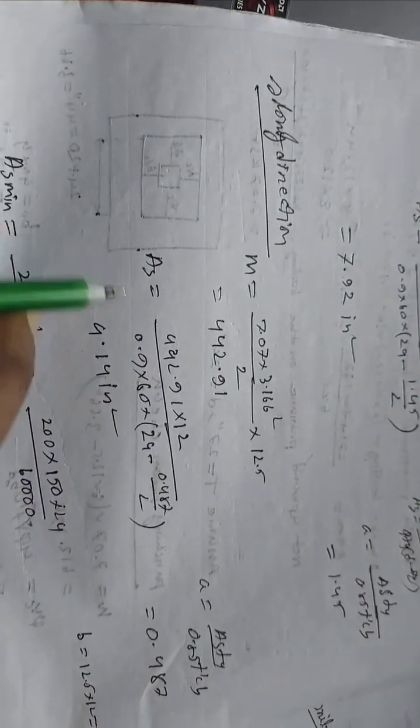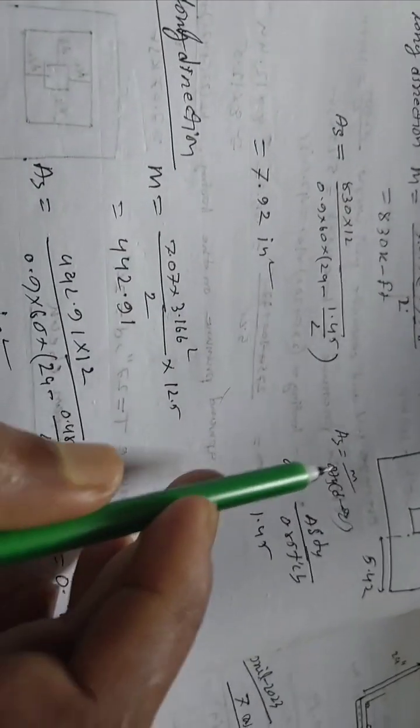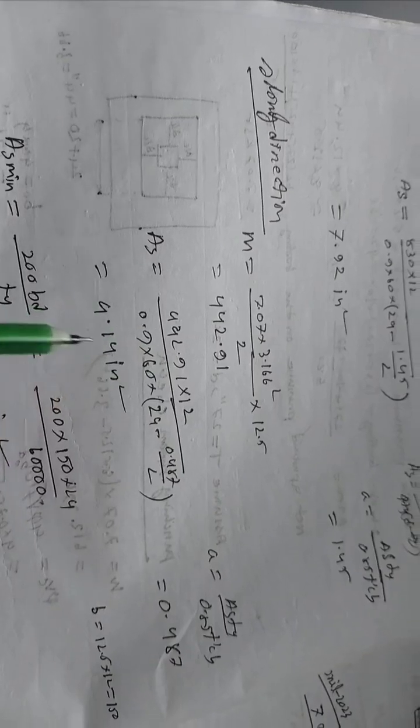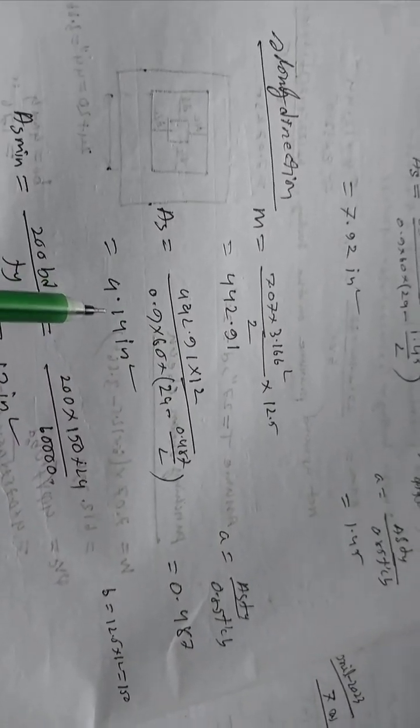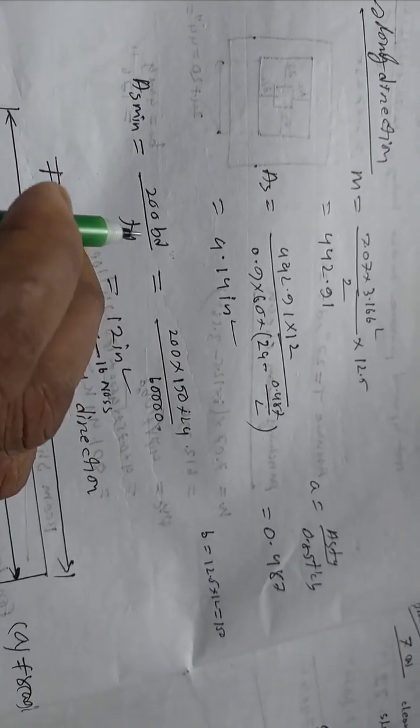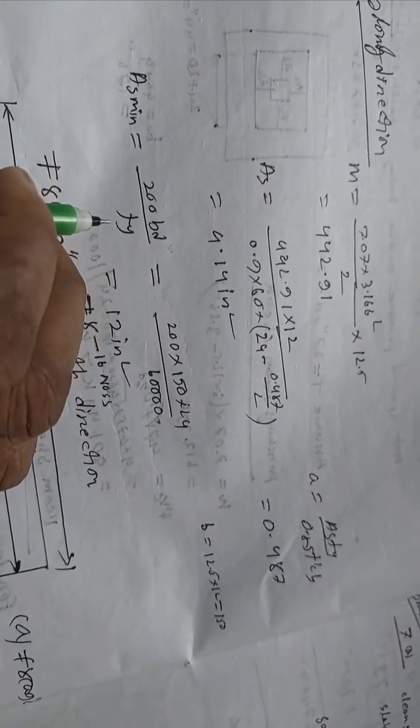So we calculate steel As equals M divided by phi fy (d minus a by 2). Then we calculate as before. We get steel 4.12 square inches. We know the minimum steel for the footing is b d divided by 200, or b d divided by fy.